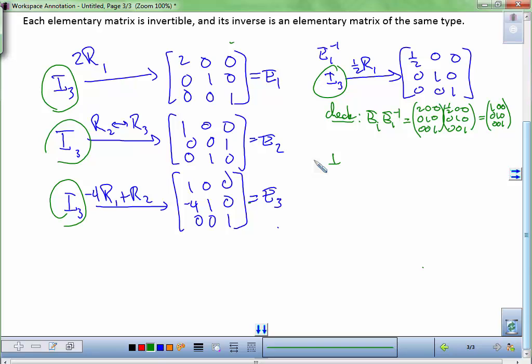So if we start from the identity matrix I3 and do the same row swap, this is going to be the inverse of our second elementary matrix. So we can check that as well.